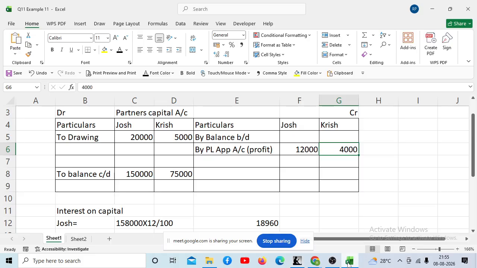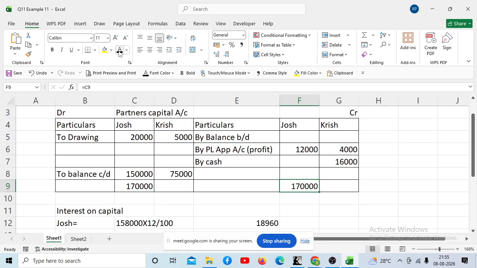So we will write on the credit side, but only in Krish column. Okay. Now we will close this. Heavier total on both the side, 1,70,000, 1,70,000.